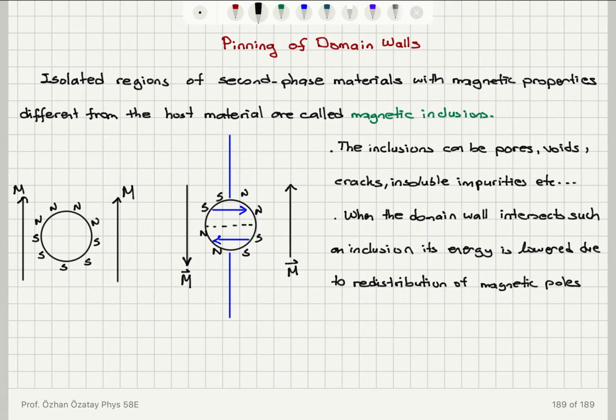And why is the energy lowered? Because this is leading to a reduction of magnetostatic energy.